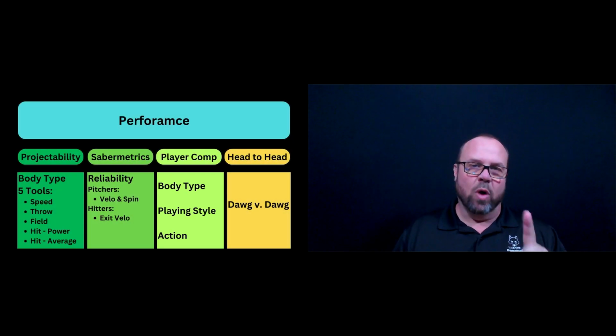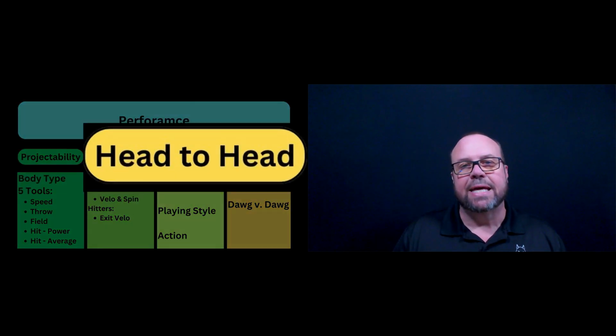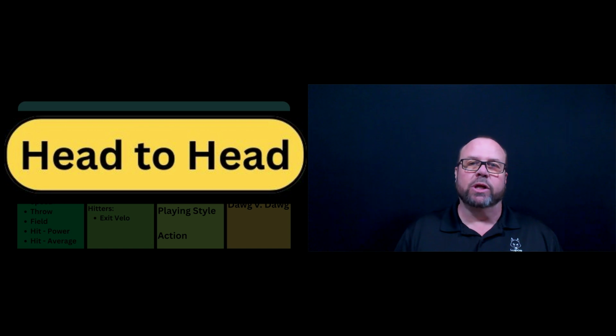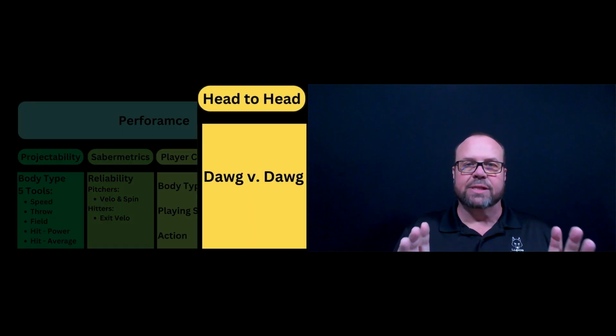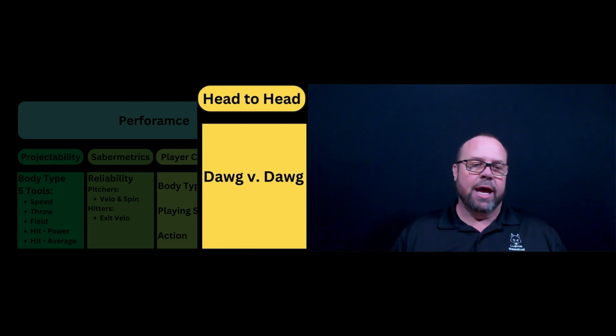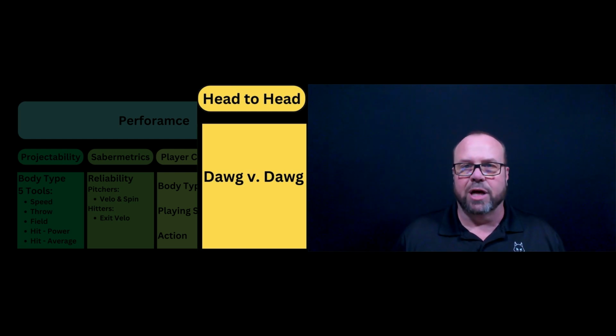There is one performance stat that will trump them all, and it is head-to-head matchup, what we call dog on dog. If you learn one thing out of this lesson, let it be this. A college recruiter or a pro scout could care less if you hit .600 in a crappy little summer league, or you were eliminated in the first round and you never played any high-level competition.